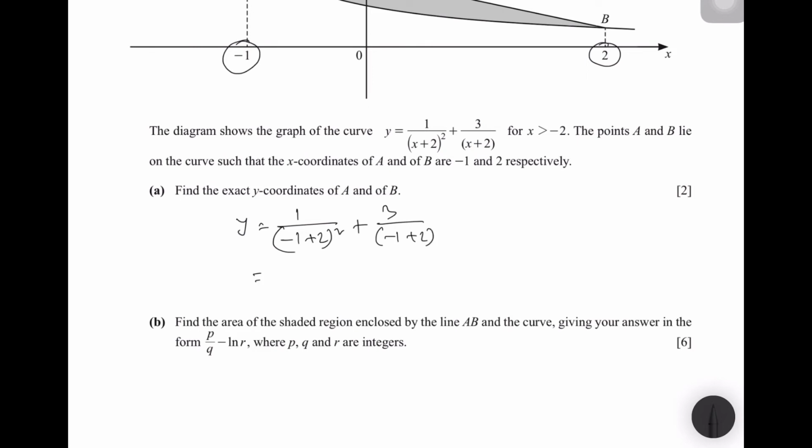It is becoming 1 plus 3, that is 4. Now if I substitute 2 here, y equals 1 by 16 plus 3 by 4, so 13 by 16.